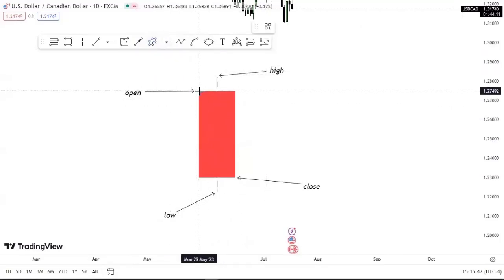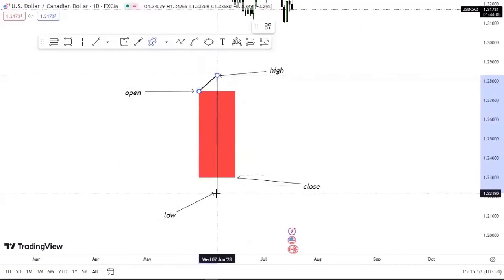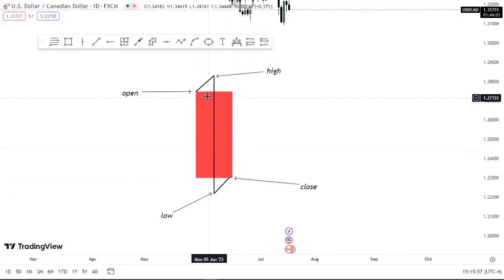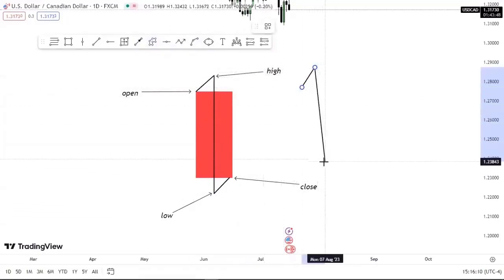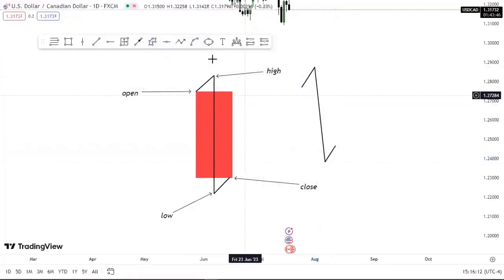It opens over here, goes up to form a high, comes all the way down to form a low, and goes back up to form the close. It forms a structure like this. So it's open.